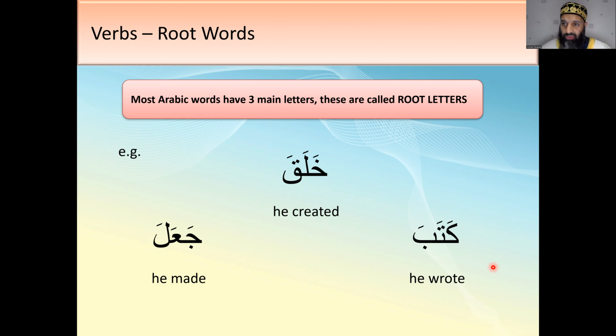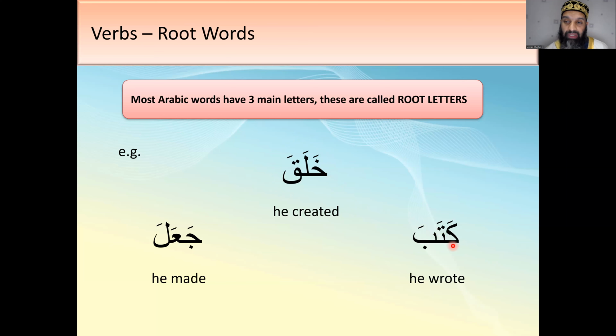Those letters are called root letters, and these are examples of those root letters joining up to make a verb.